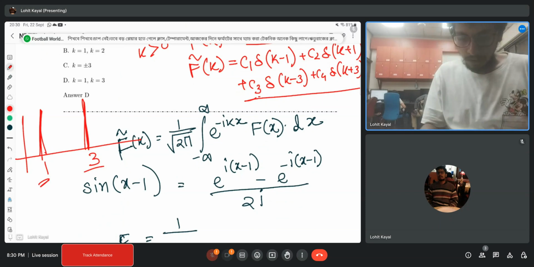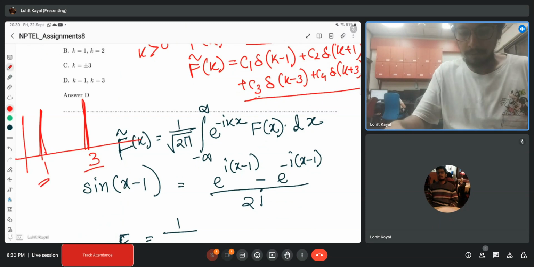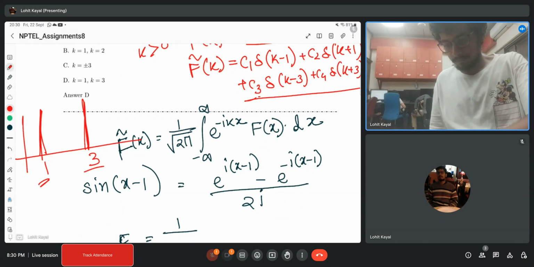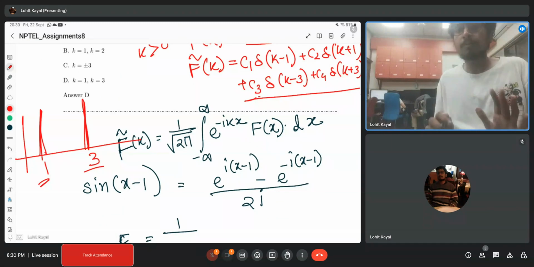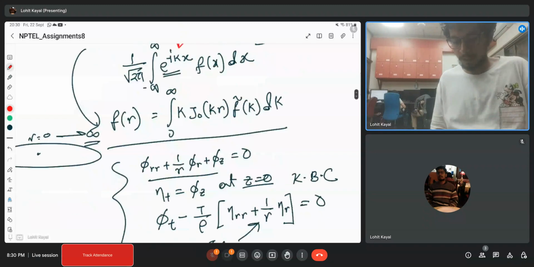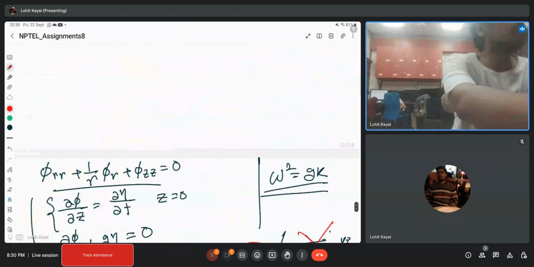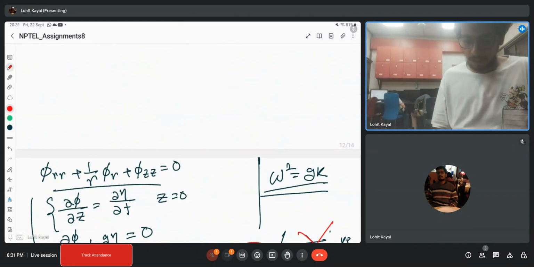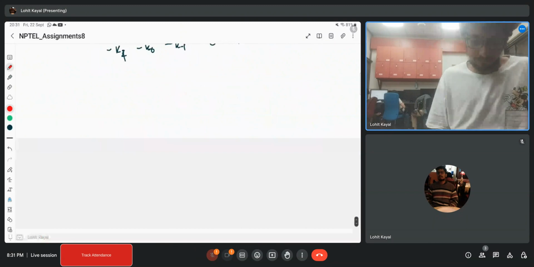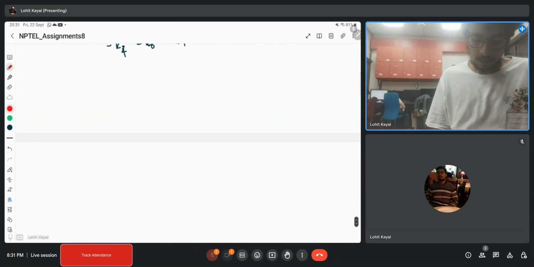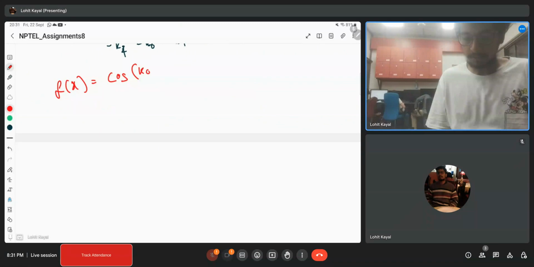Now suppose you have some expression. This is for sine, if you start with an initial condition of sine of something x. Now if you start with a function like f(x) equal to cos of k0 x, what will be the solution?